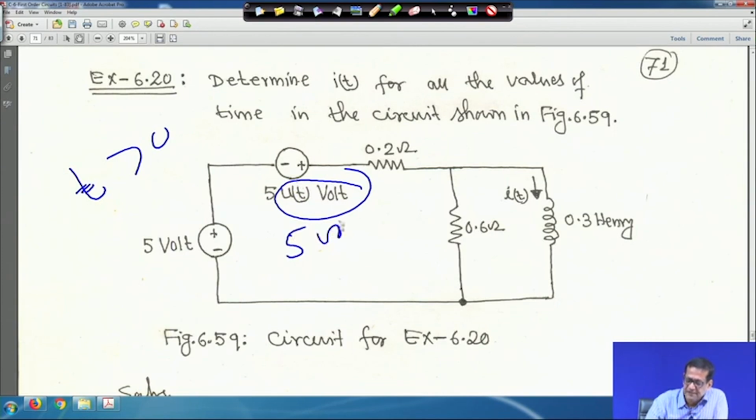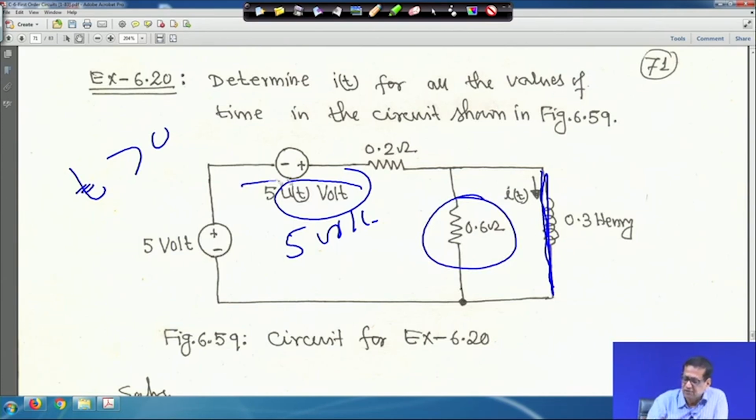And if you think that your circuit at that time is in steady state, then again it will act as a short circuit at t greater than 0, and assume that it has reached a steady state condition. In that case also it is short, nothing will be flowing through this, because this is a short circuit path.